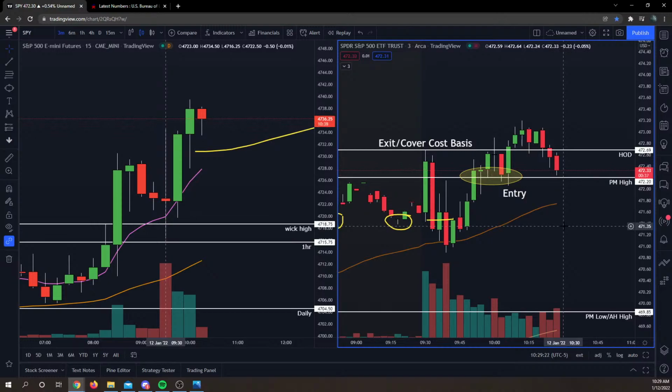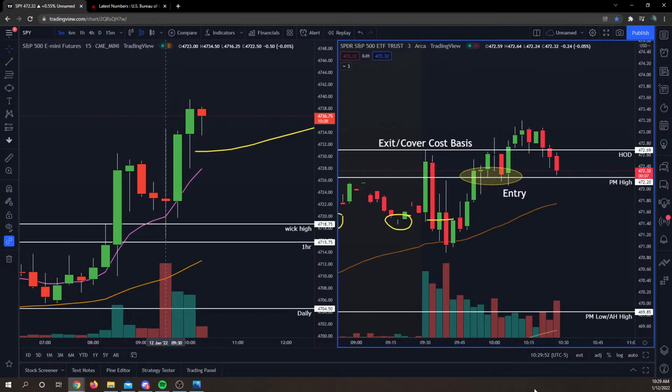Those low float biotech pharma companies do move like that, but covering cost basis doesn't get any easier at any point. But when you have more opportunity, you're able to exercise that accordingly. So you're able to exercise covering your cost basis a lot easier typically when we're scalping options.